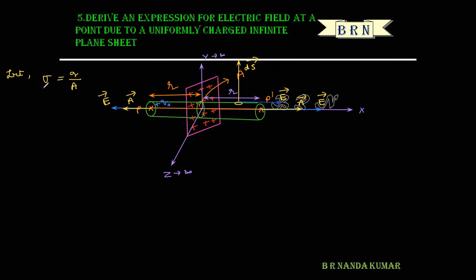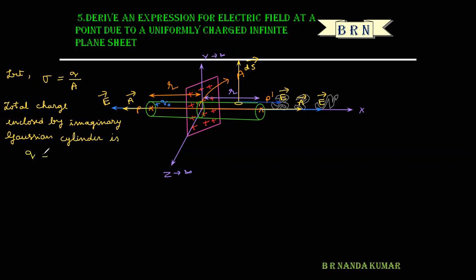So the total charge enclosed by this imaginary Gaussian cylinder is q equals sigma into A. Call this equation number 1. This is the total charge enclosed by the imaginary Gaussian cylinder.